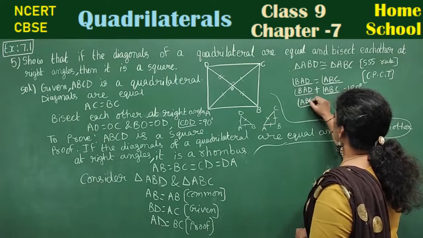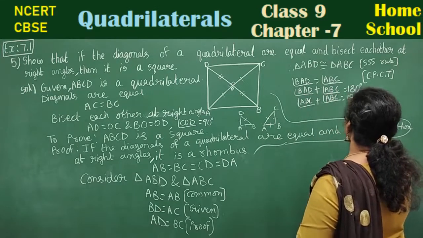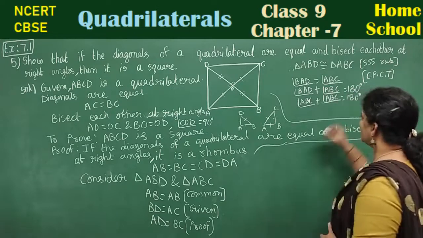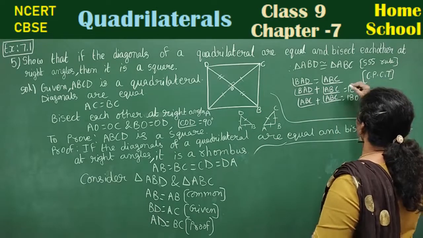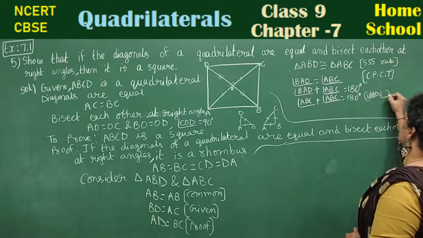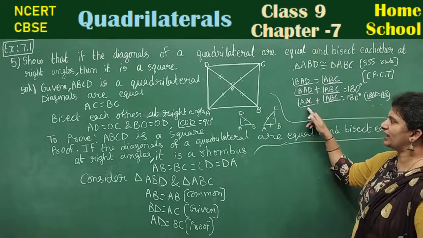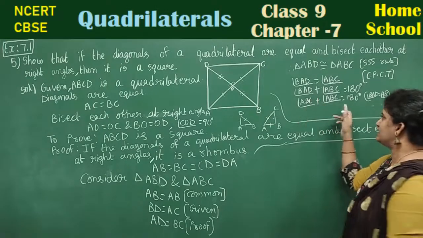Substitute ABC instead of BAD. Angle ABC plus angle ABC is equal to 180 degrees, since by above, angle BAD is equal to angle ABC. According to this, I have substituted angle BAD with angle ABC.